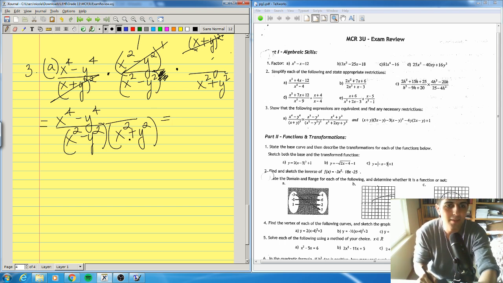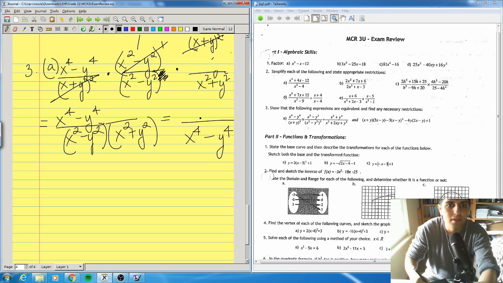Okay, now here's the beauty of this. I've got a plus b in the bottom, a minus b in the bottom. That gives me a squared minus b squared. But a squared in that context is x to the 4. B squared in that context is y to the 4. So really the bottom turns out to be x squared squared, which is x to the 4, minus y to the 4. But that's exactly what I have on top, right?